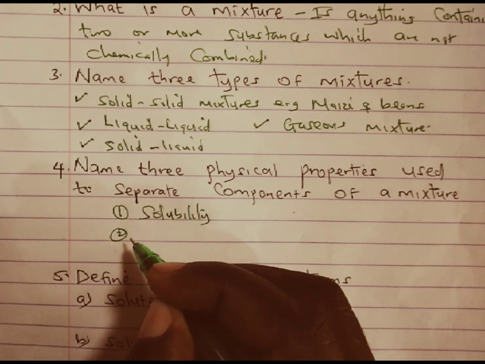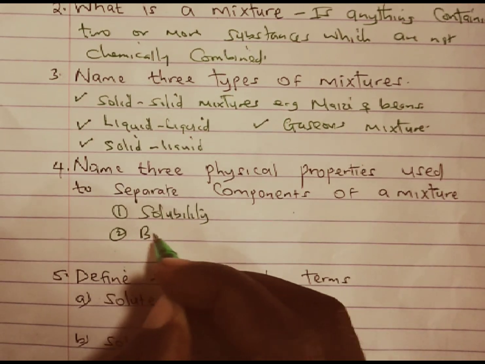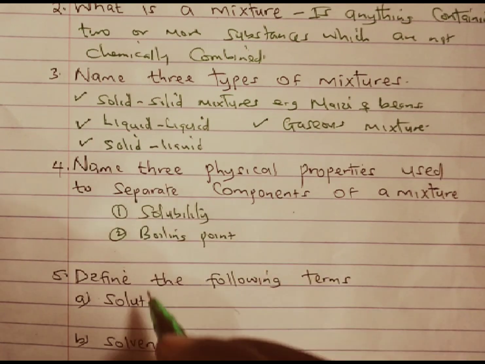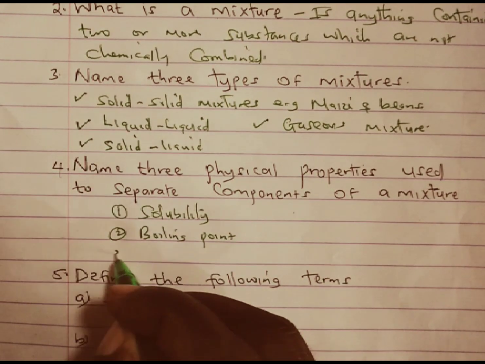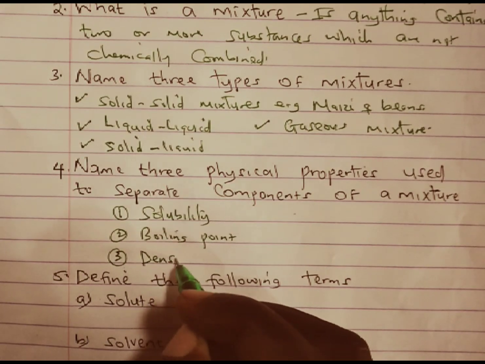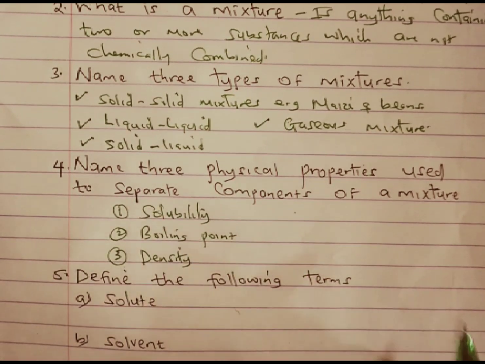Number 2, we look at what we call the boiling point, especially under fractional distillation. Number 3, we look at what we call the density of the components.